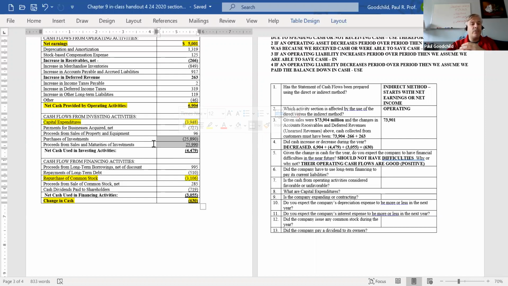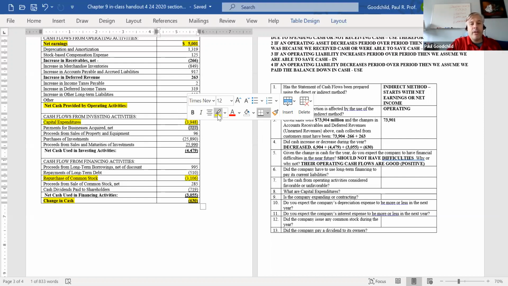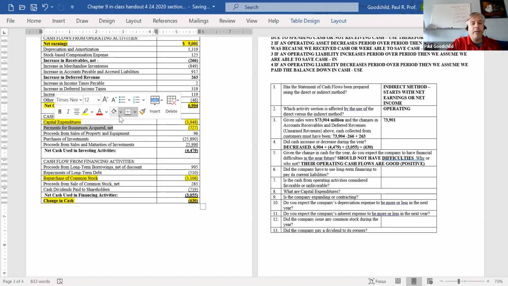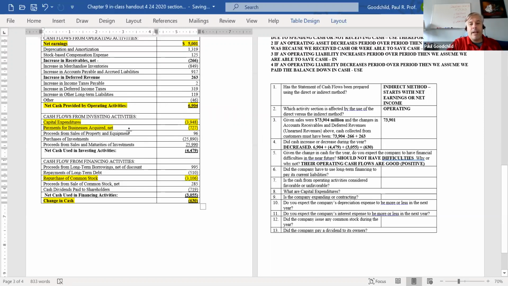So a lot of times you'll see these investments essentially work themselves out, and it gives the company a little bit more of a return than just keeping your money in a bank account. And then the other big expenditure here is an acquisition, so cash payment for acquisition.